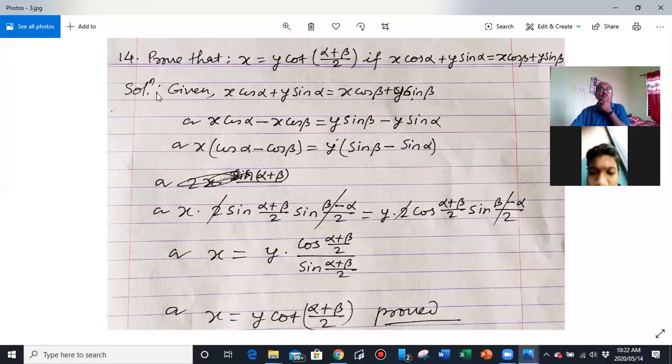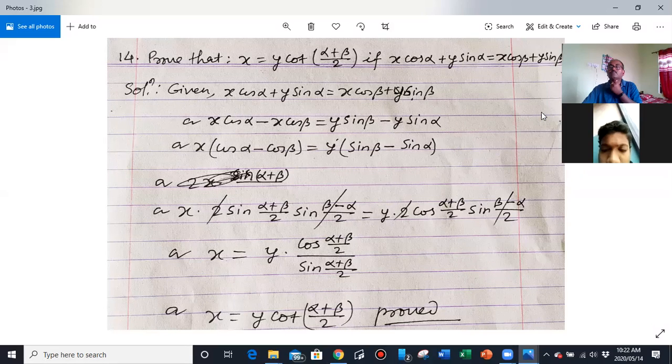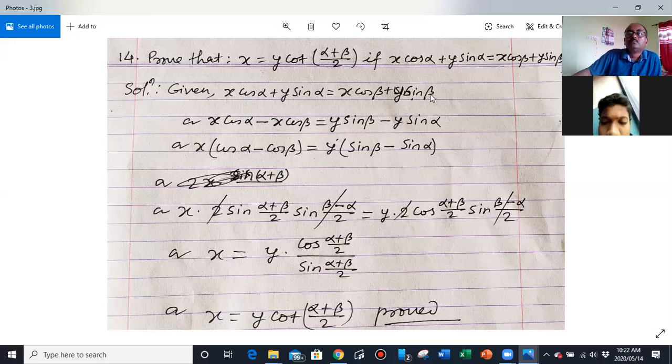Now question number 14. See the question carefully. Prove that x equal to y cot alpha plus beta by 2. This is to be proved.